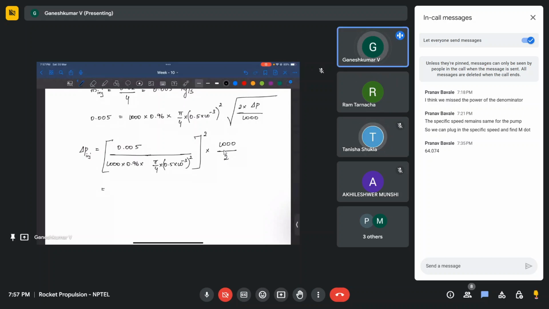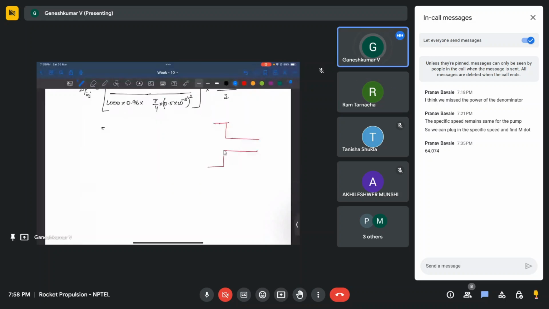Well, basically, we directly find the delta P. So here the delta P is through the injector only. Let me draw it so that we need not find separate pressure. Actually, we cannot find pressure from this equation. We can only find the delta P. Let's say this is P1 and this is P2, and this is the whole injector.